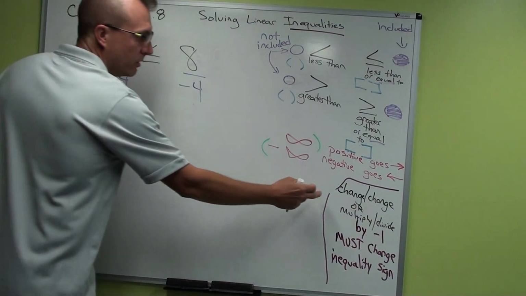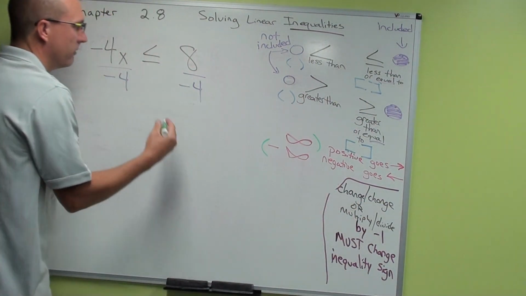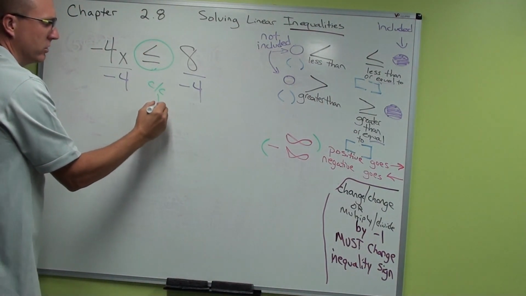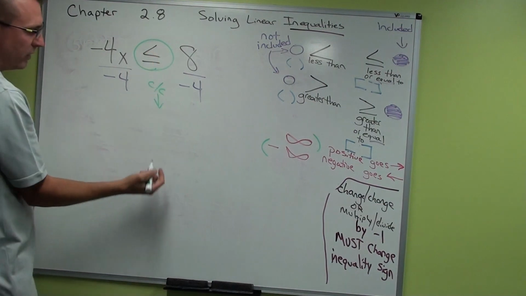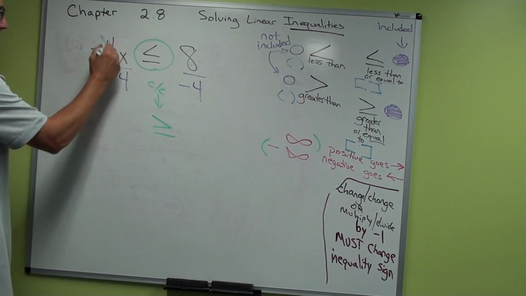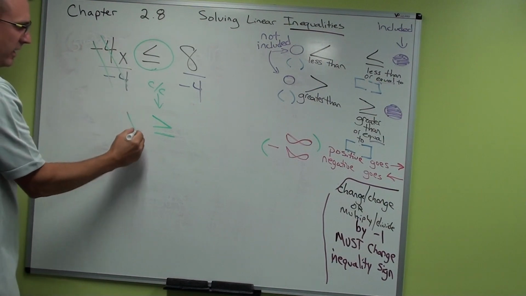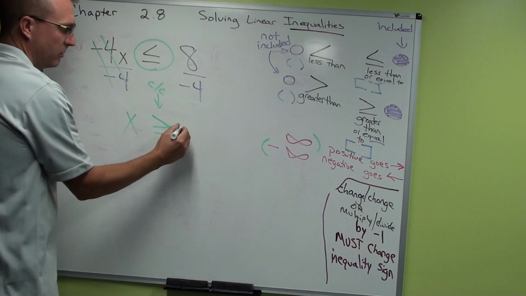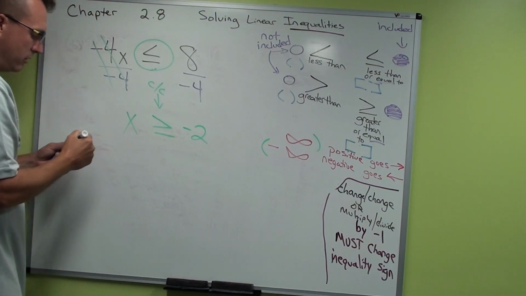We have to do change because we're multiplying or dividing by a negative. Change. Flip this whole thing over. Cross these out. Come down. X is on the left. Good. 8 divided by a negative 4 is going to be a negative 2.